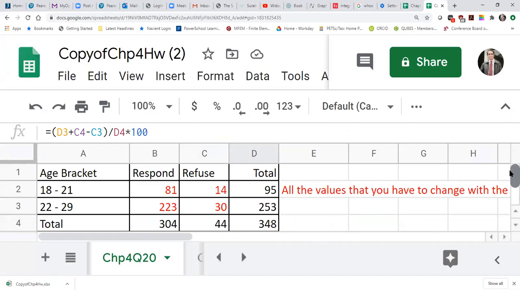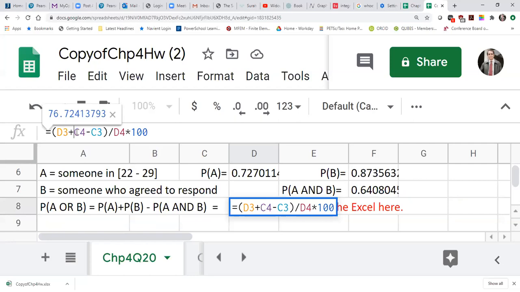So the people in the bracket 22 to 29 is D3, right? So you can see this is D3, okay, up here. And then the people that agreed to respond will be B4, okay. So you need to change this one to B4. And then the people that disagree and also in the bracket will be B3, right?